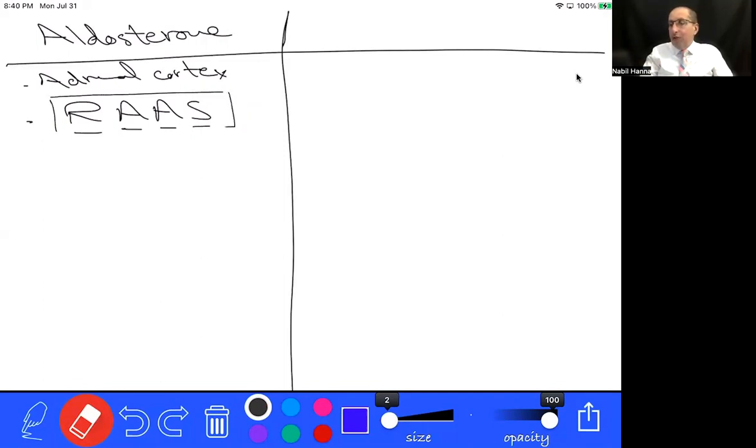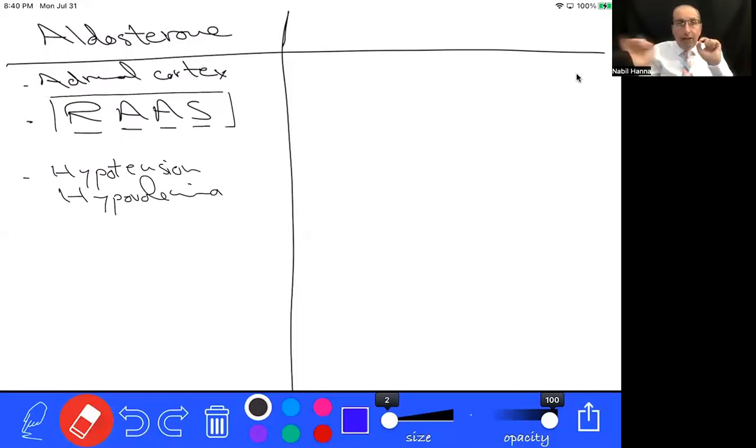And again, what triggers RAS? What stimulates the release of renin and the release of angiotensin and then the release of aldosterone? It is hypotension, hypovolemia. The most sensitive organ in the body for hypotension and hypovolemia, the organ that freaks out with any slightest degree of it, is the kidney.